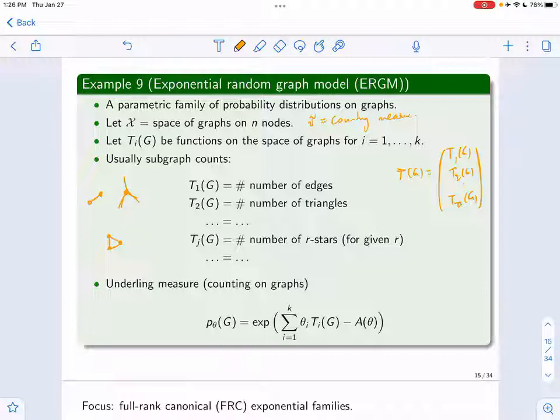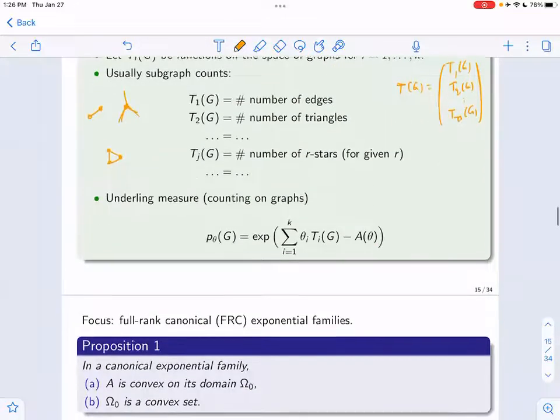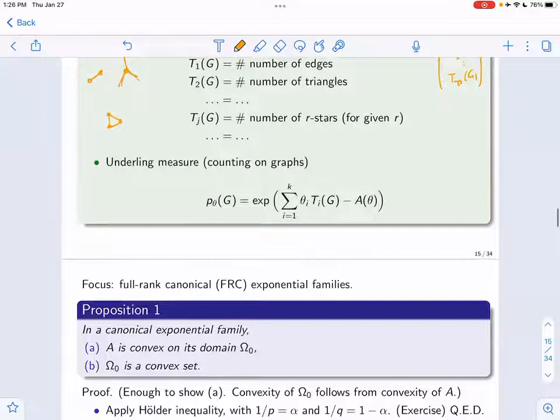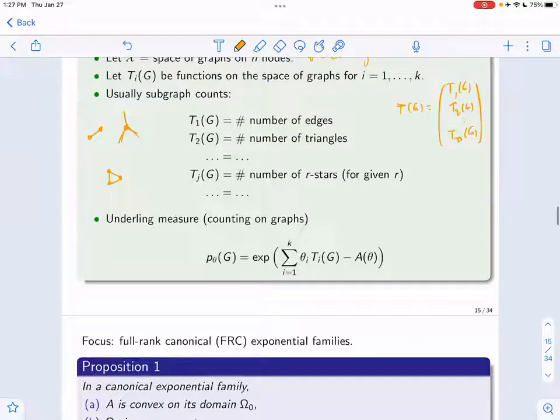And there are issues in terms of what kind of distributions you get. There are some degeneracy issues. Sometimes, again, like the phase transition behavior here, it could be that for certain parameters, the distribution puts all the mass on complete graphs or empty graphs. And so there has been a lot of work in trying to fix that. But in any case, you would get distributions like this.